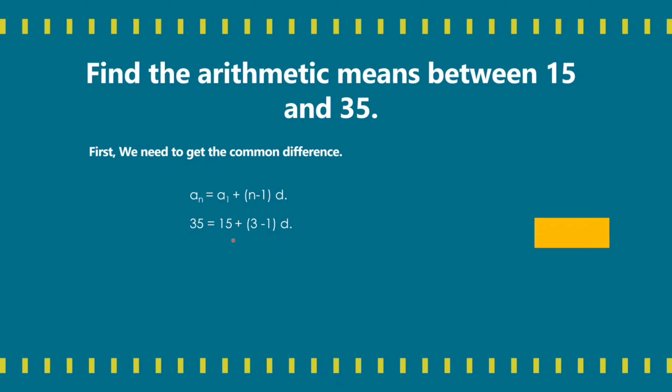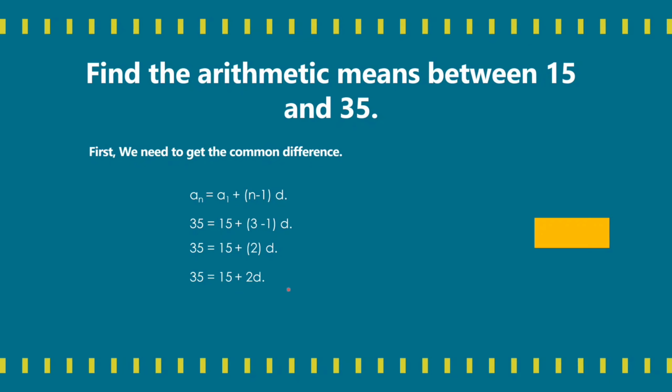According to the rule of PEMDAS, we need to compute first what is inside the parentheses. So our equation becomes 35 is equal to 15 plus 2 times d. Now we multiply 2 to d, so our equation becomes 35 is equal to 15 plus 2d.